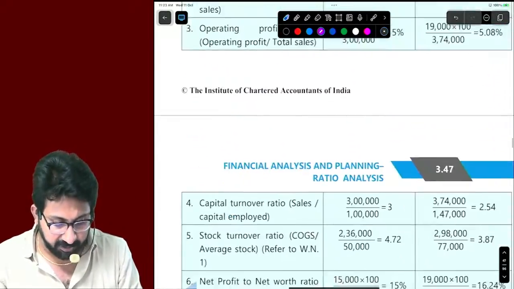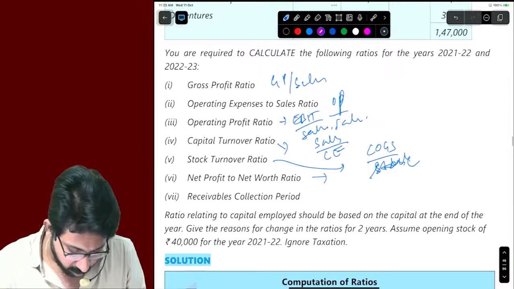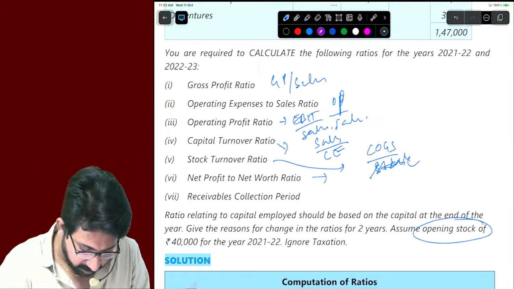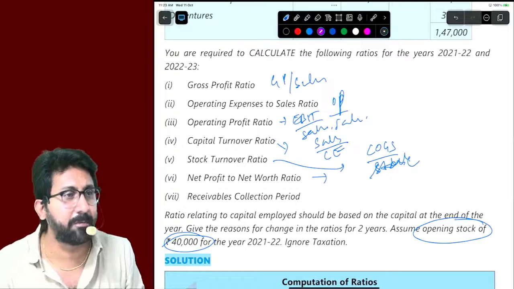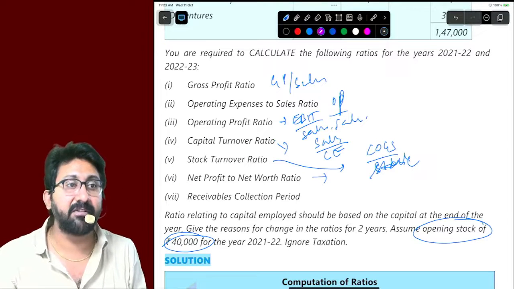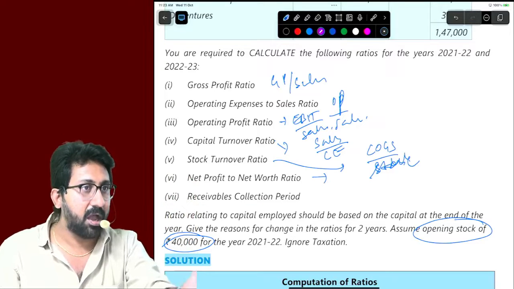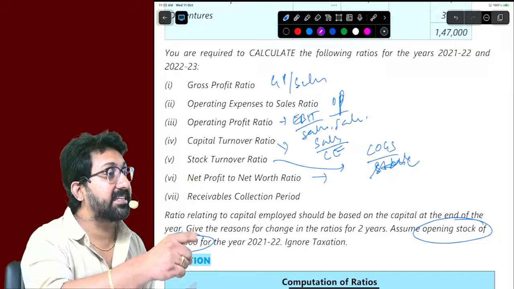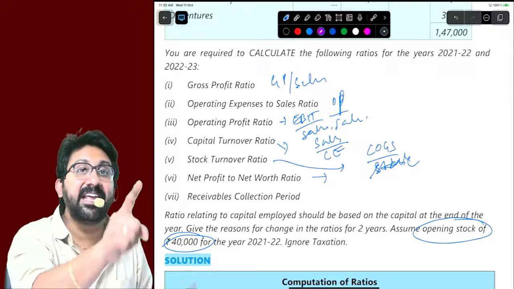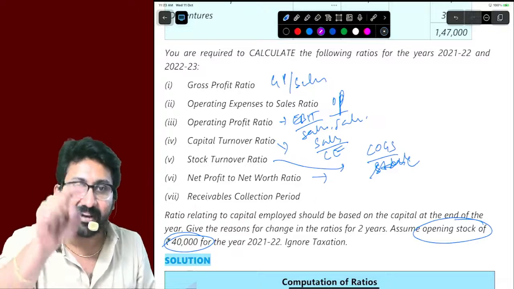In the question, if you observe, he has given opening stock. Why has he given opening stock? To calculate average stock. There are 2 types of formula: either you can take stock or average stock. When he has given opening stock, it is an indication that you have to use the average stock formula.